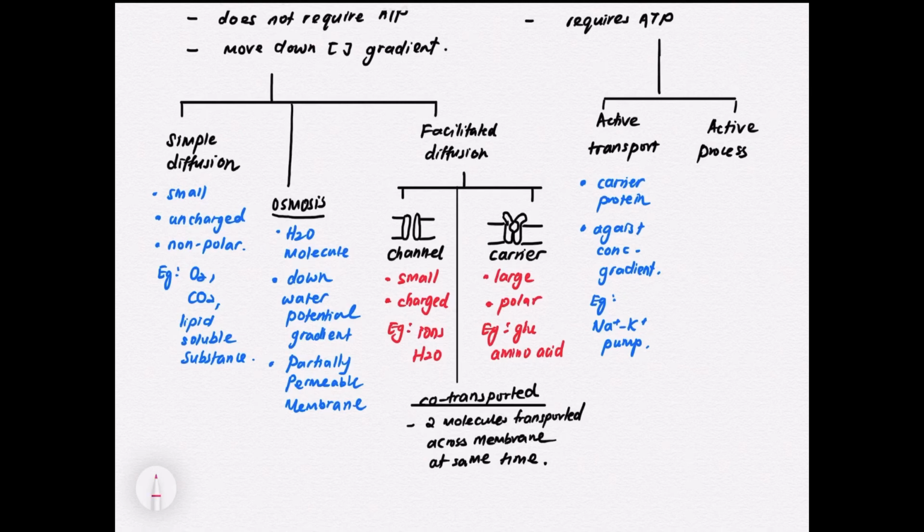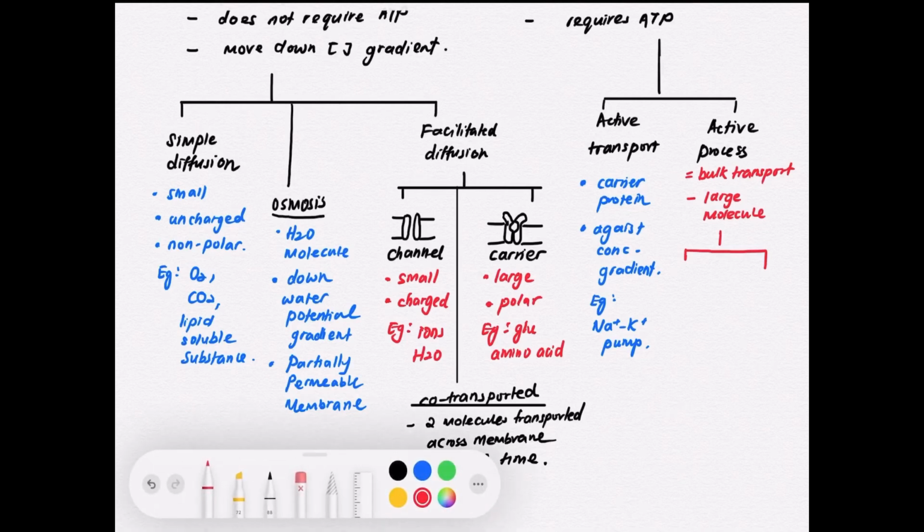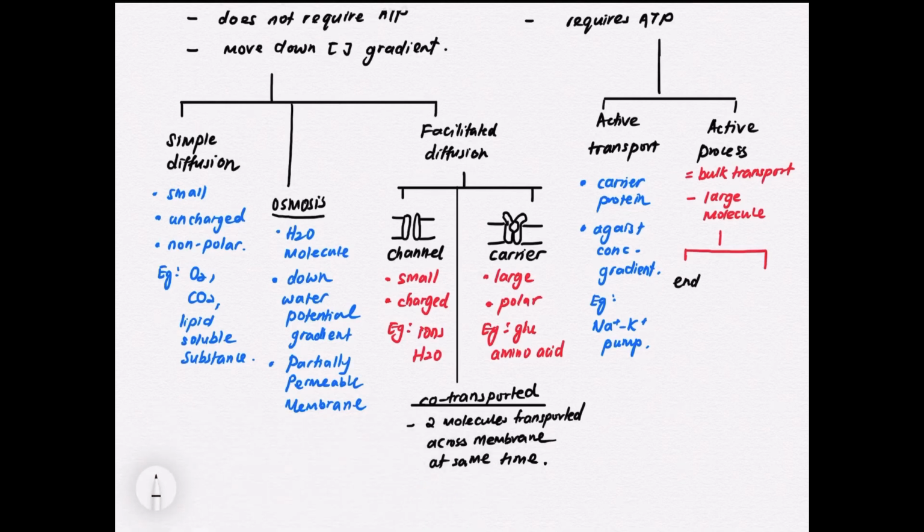For active process, it is also known as bulk transport. So the membrane can take in or release large molecule. So this is for large molecules. The process of taking in will be known as endocytosis, whereas releasing will be exocytosis.